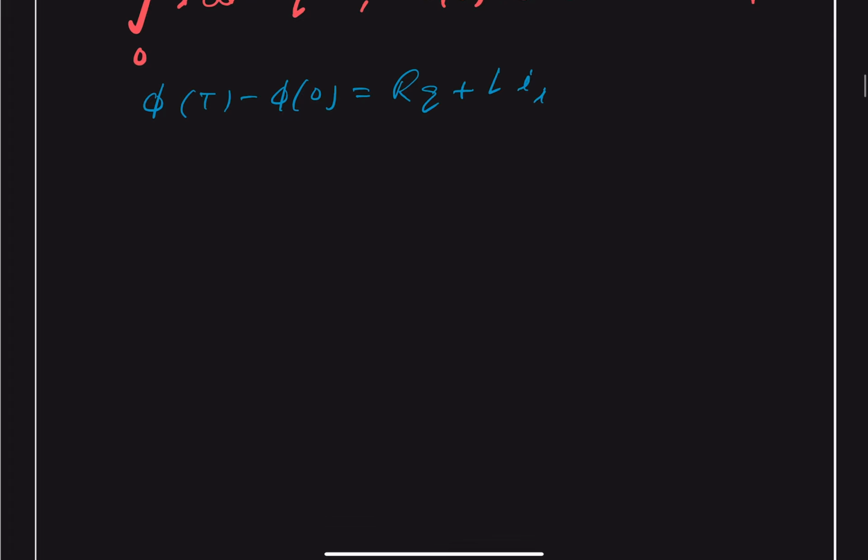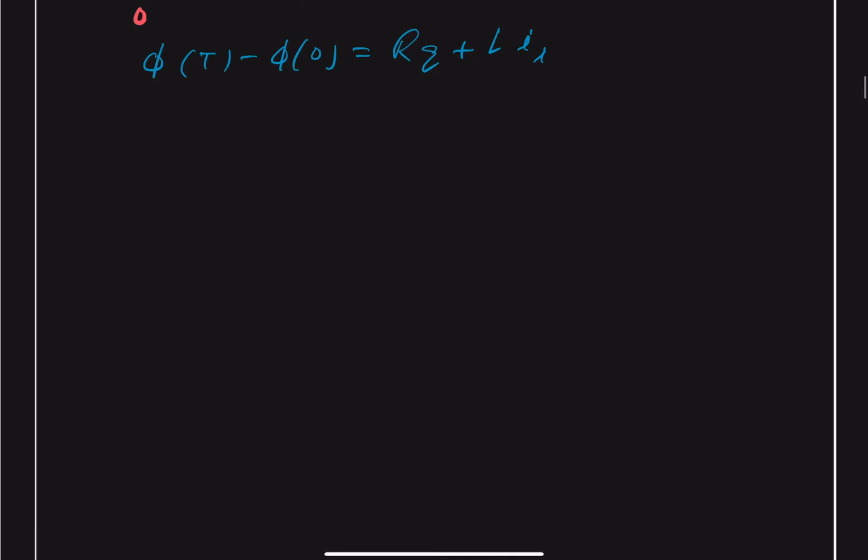And now it is simple calculation, we can solve it for Q. So Q gives us flux at time T minus flux at time 0, minus L I1, divided by R.